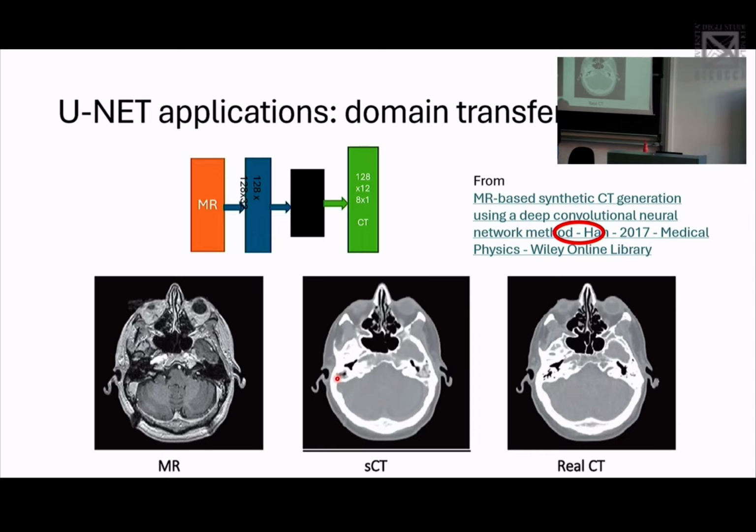And by the way, here we also have an issue with the training data, a common occurrence. To get these paired examples, what you need to do in practice is acquire the MR. Then, even if you're super lucky, you just rush the patient out of the MR scanner up to the CT scanner, there's no less than 20 minutes variability.